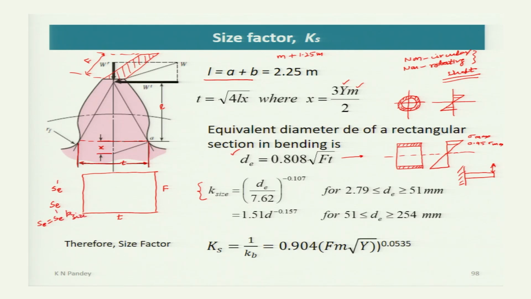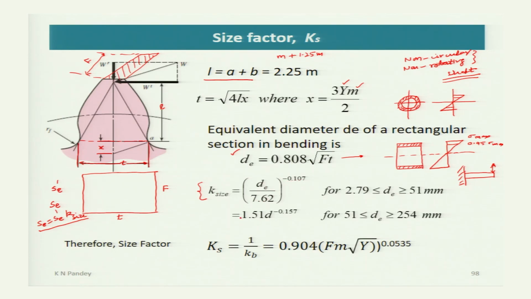This is called the Marin factor. So, K size is taken from that concept. K size is given by D equivalent divided by 7.62 to the power minus 0.107.